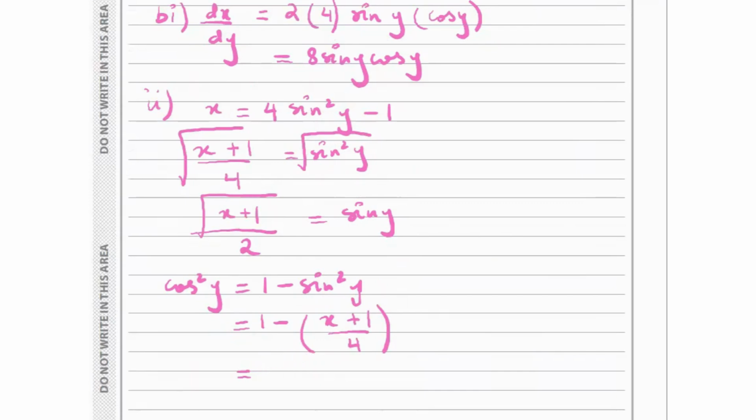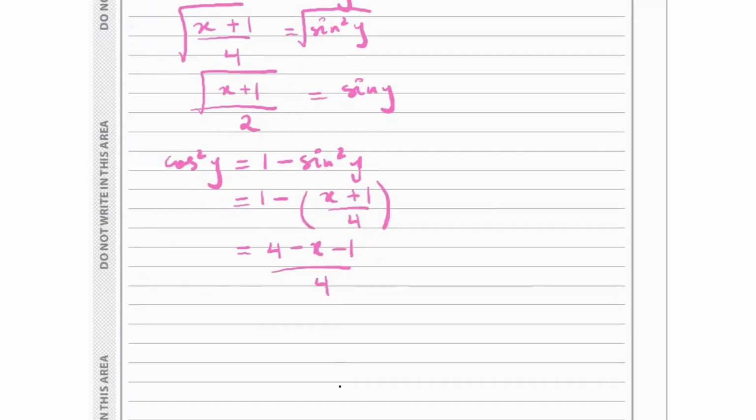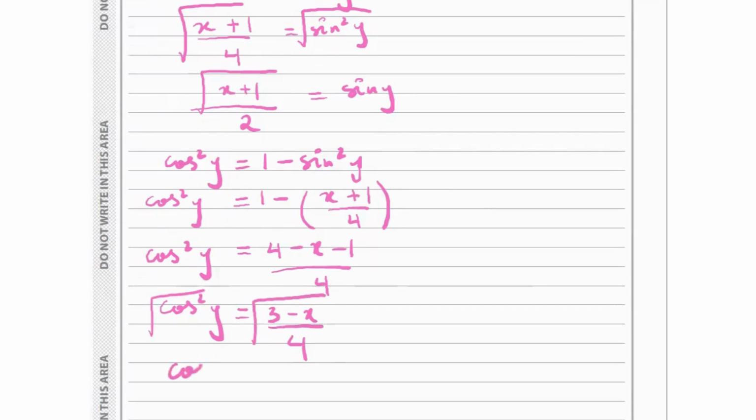That's going to be 4 minus x minus 1 over 4, just cos²y. That simplifies to (3 minus x) over 4. Now we square root it. So cos y is root of (3 minus x) divided by 2.